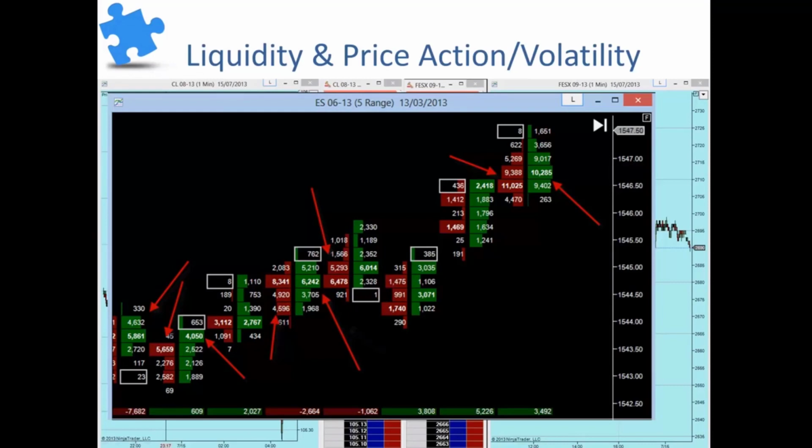It's also important not to keep throwing money at your method, hoping it will all work out. It's much better to find a market that has the liquidity and volatility levels that you're used to trading than to try to force a technique onto a market that's really not suited for it anymore. So do we have any questions at this point on liquidity and price action?